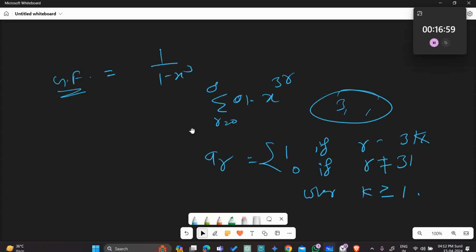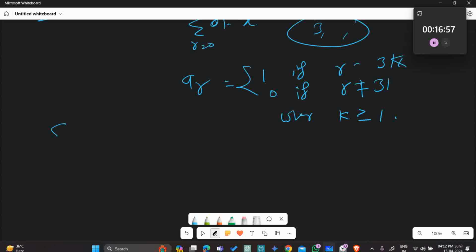And here the sequence of A of r will be, why 1 0 here?